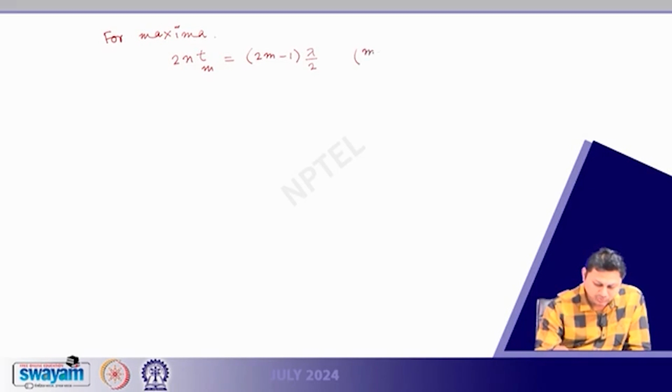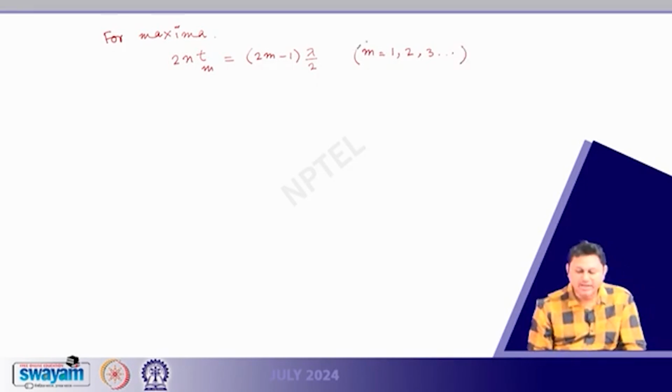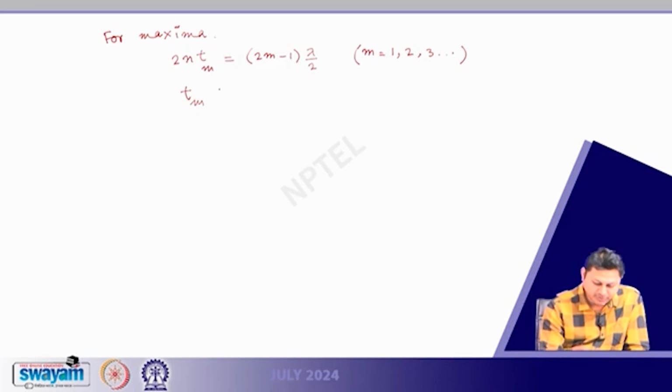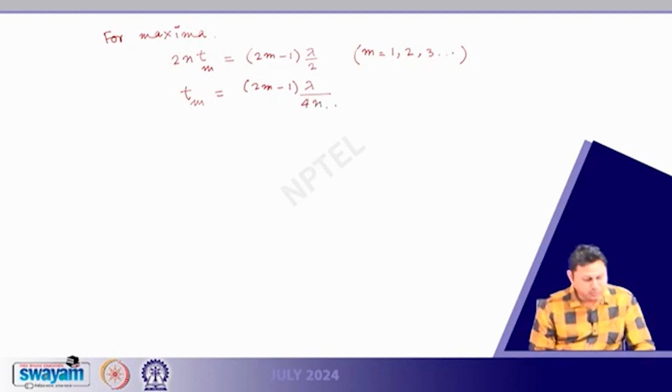Here m goes to 1, 2, 3, etc. In a few cases it is also written as (2m plus 1) lambda by 2, but these are the same; in that case m can also take the value 0. From here we can find that Tm for maxima should be (2m minus 1) lambda by 4n. So that is the value of Tm.